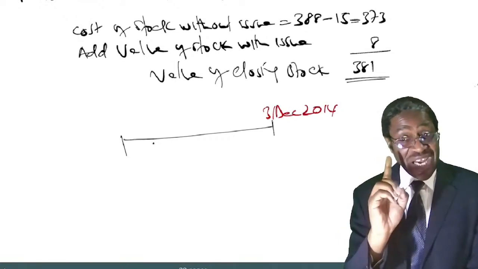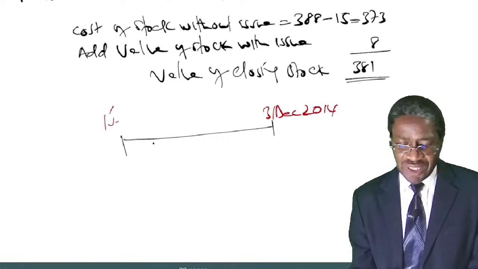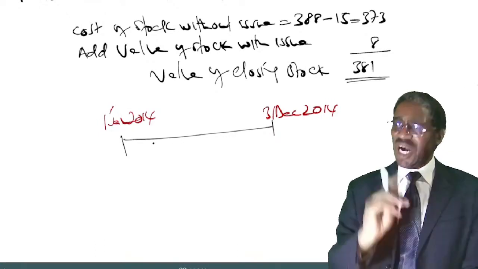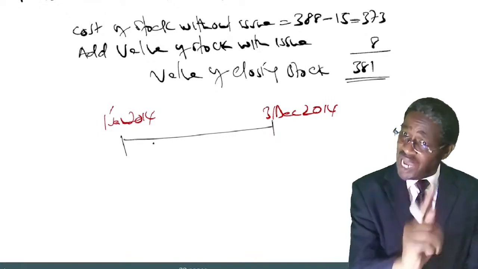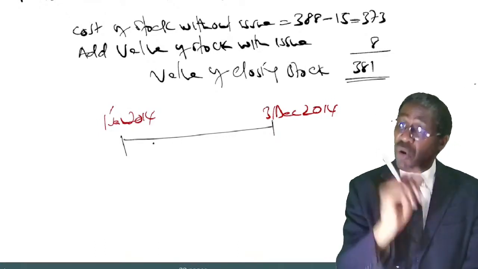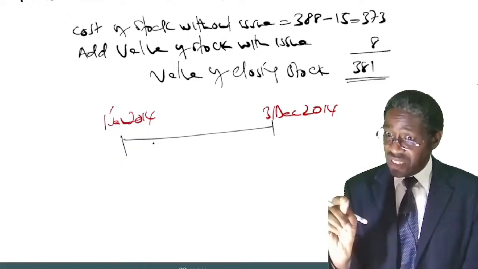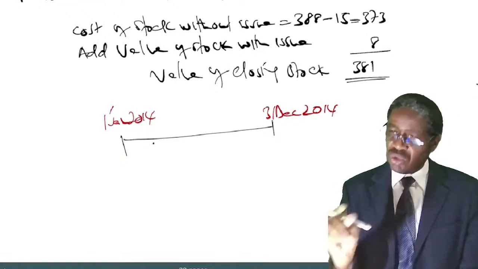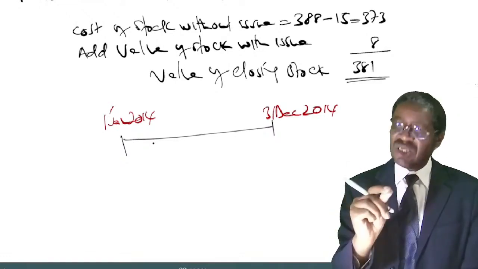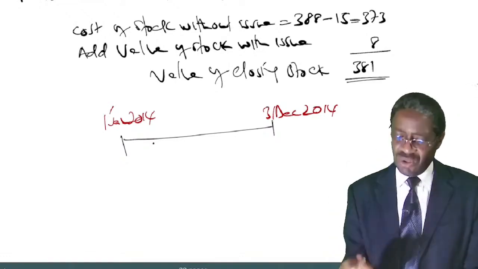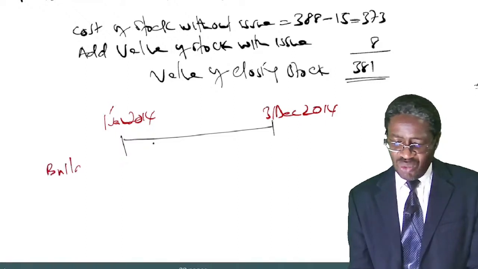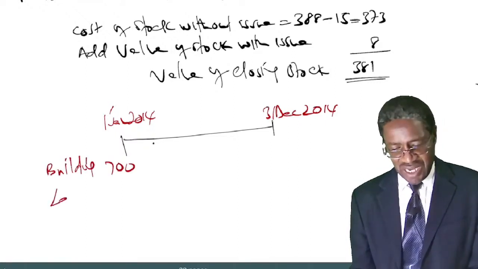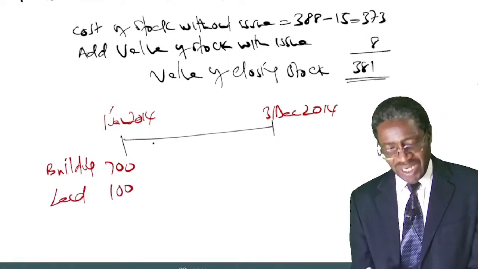They revalued their land and buildings on 1st January 2014. I have told you, land and buildings were both revalued to 800. Land at 100. Meaning the building was revalued to how much? Building was revalued to 700 and land was revalued to 100.